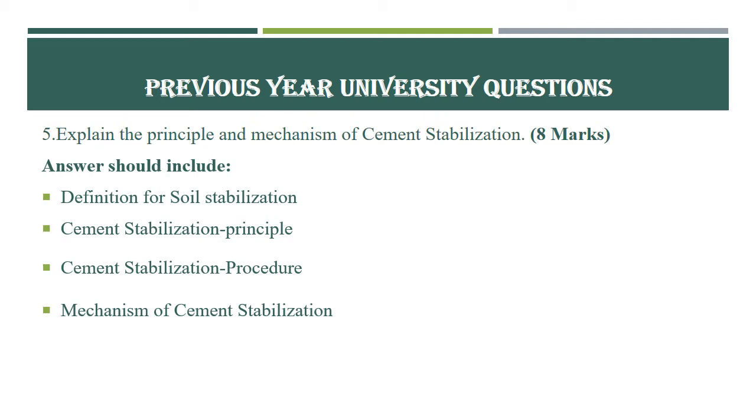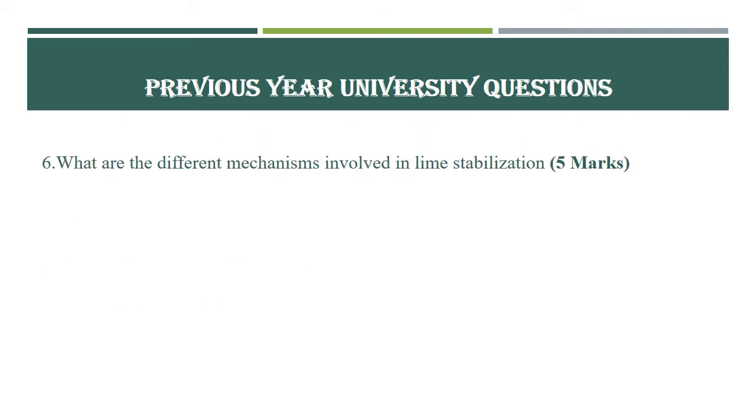Since the question is asked for 8 marks, the answer should be elaborate, and first of all you have to define the soil stabilization, then specify the cement stabilization principle. After that explain the step-by-step procedure for cement stabilization, and the mechanism of cement stabilization should be explained, if possible with sketches.